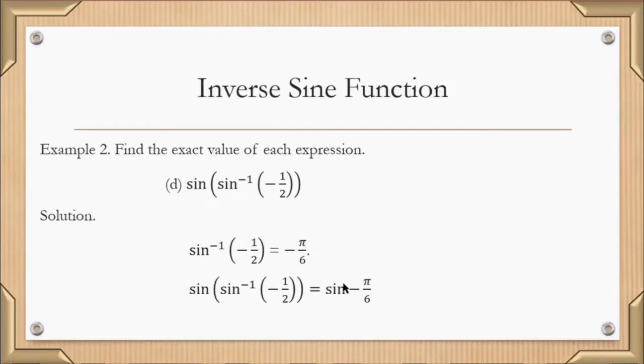So, meron na tayong sine of negative pi over 6. And pag kinuha natin ang value nyon, that is the same with negative 1/2. Ayan. Kaya parang babalik lang din siya. Okay, that's it.